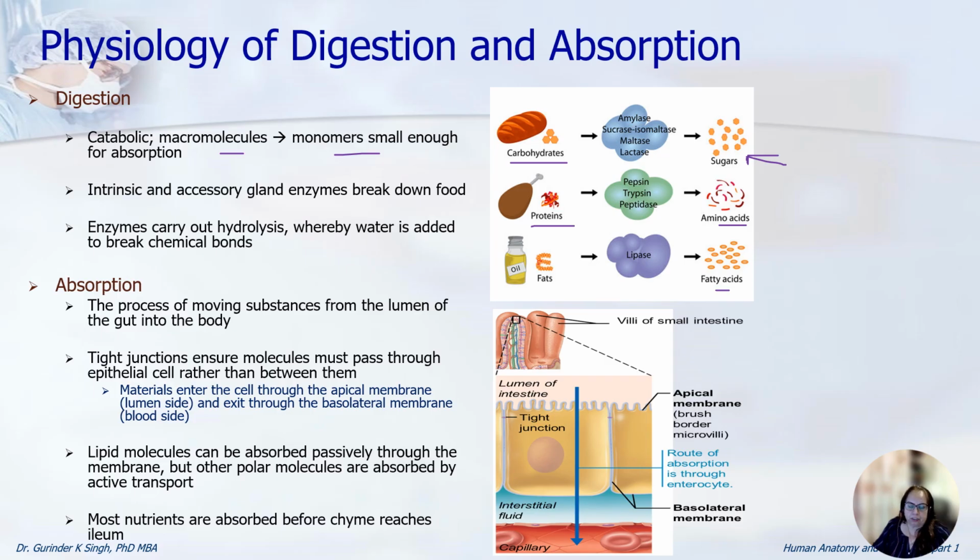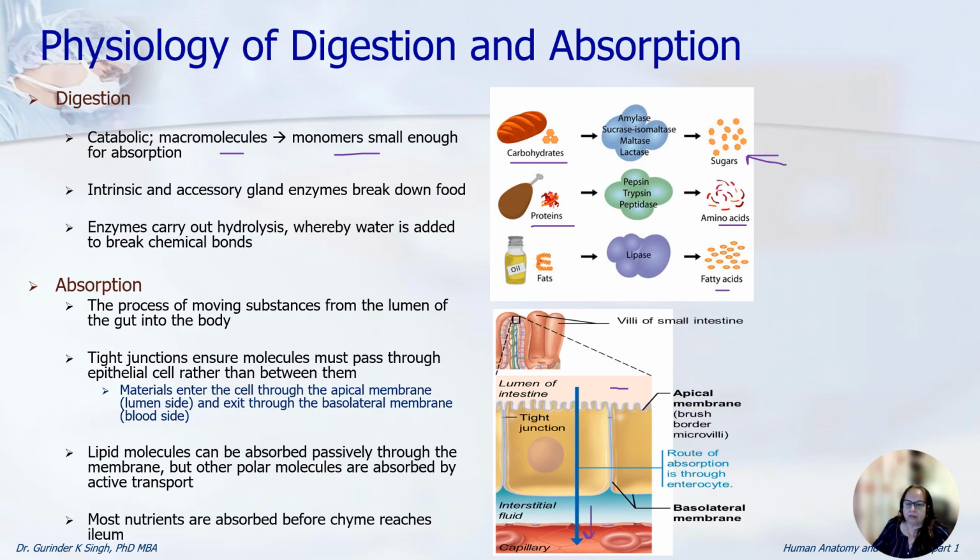The second portion of the digestive system is absorption. So the absorption process is the movement of the substances from the lumen of the intestine into the cells. So those cells are your epithelium cells. So they actually move from the lumen through the cell to the interstitial fluid and into the blood.